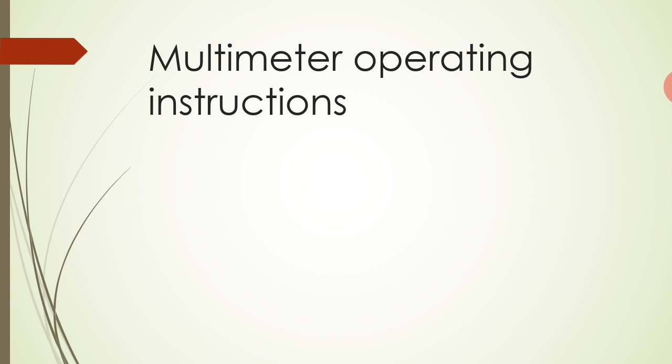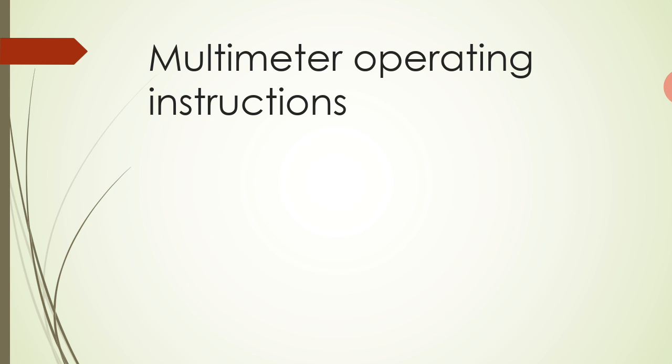Next is multimeter operating instructions. First point to be noted is that to prevent meter overloading and possible damage when checking voltage or current, start with the highest range of the instrument and move down the range successively. Second point is for higher accuracy, the range selected should be such that the deflection falls in the upper half on the meter scale.